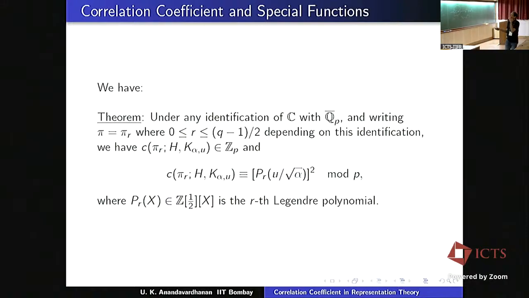So what one will need is to choose a U such that this is non-zero for all R, where R varies from 0 to (q minus 1)/2. So the question is, can you choose U so that P_R of U by root alpha is non-zero for all those R together?